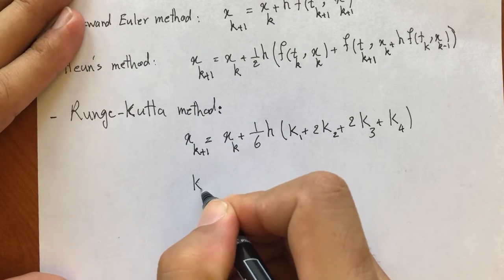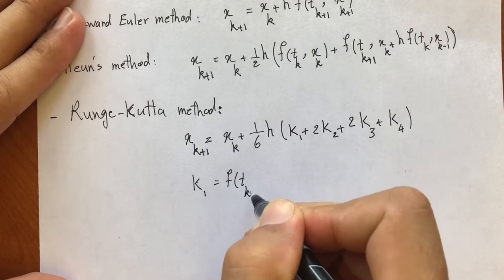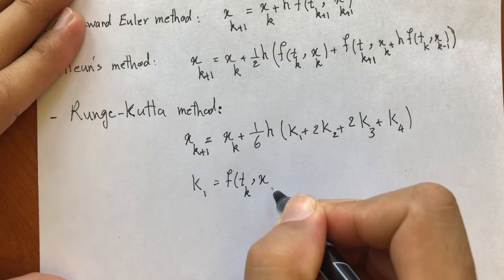K1, or capital K1, is f at the current time and current x.